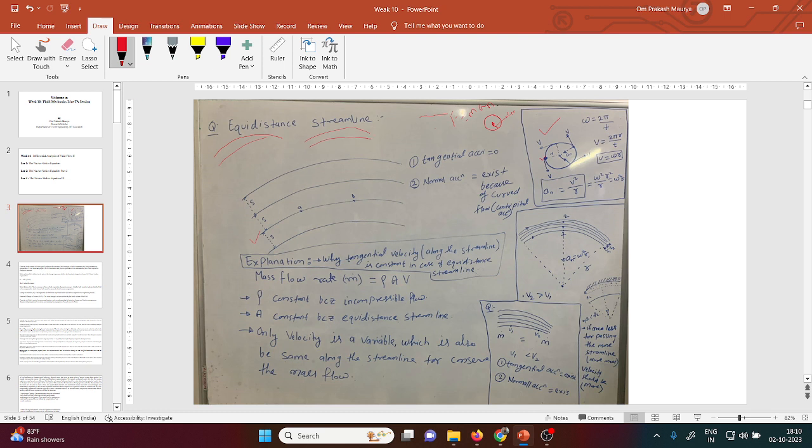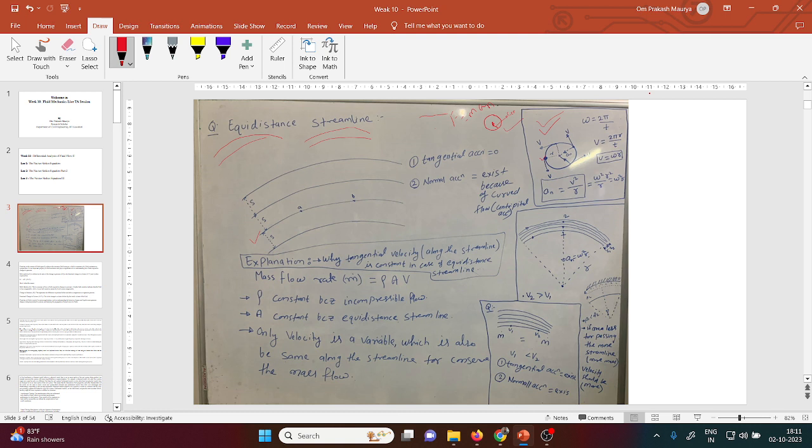I have drawn the distance between the streamlines as the same, and just for your visualization I have made it bigger in the zoom view. But we are going to focus on this streamline. What will happen if the fluid particle is moving in the curve? The normal acceleration is developed by the concept I have been telling. This is the basic physical concept.